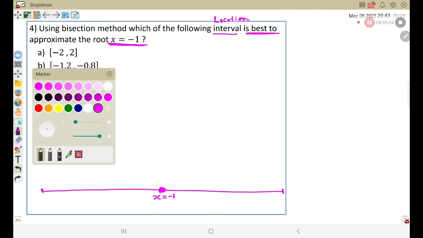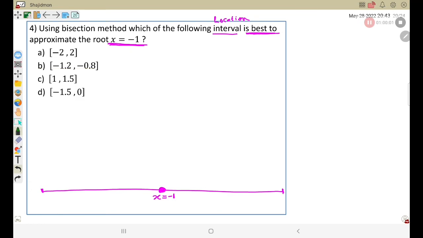Now, for getting this solution, which interval can we take? What is the meaning of best? When I explained the theory part, I told you how we take the location. Best means the shortest interval containing the solution x equal to minus 1.